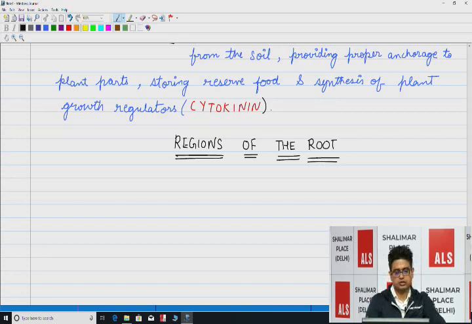The root is covered at apex. First of all, let me draw the diagram first so that you can understand. Okay, so it's not coming very well.